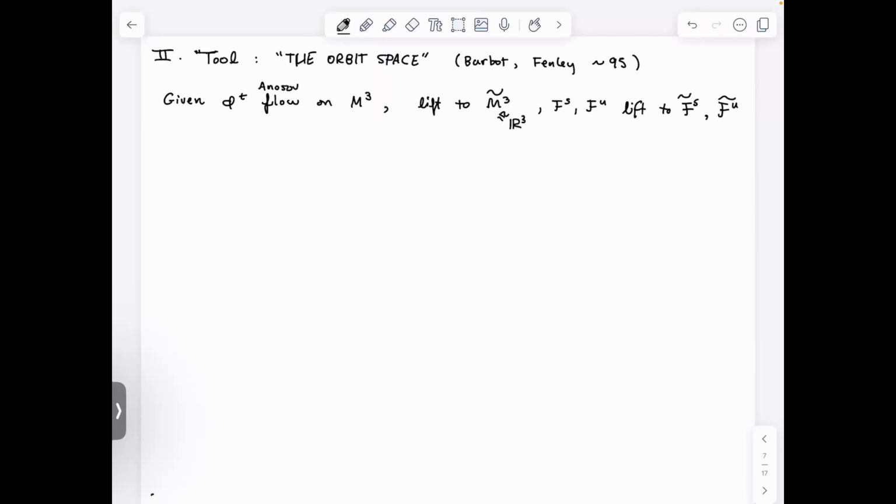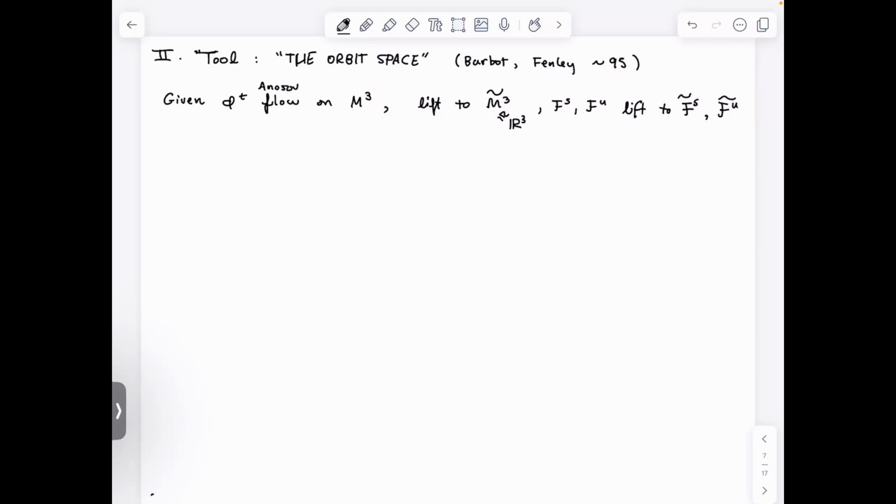Okay, and it is also classical, that comes from this dynamical picture, that no closed orbits are homotopically trivial. This comes from the foliation result of Haefliger and Novikov. So in the universal cover, the orbits of this lifted flow are just all lines.